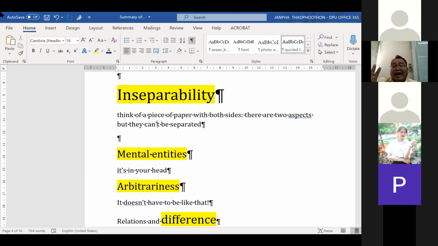So there are four aspects of the sign. Inseparability, they cannot be separated. Mental entity is in your head. Arbitrariness, it doesn't have to be that way, it can be something else. And difference, you need other signs to define a concept. Understand? Any question before I move on?